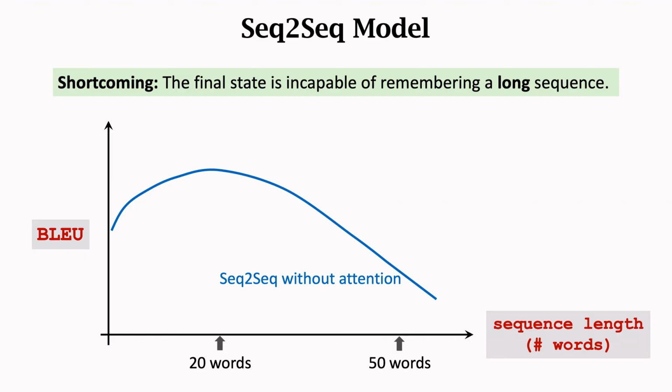Without attention, the sequence-to-sequence model deteriorates as the input sentence gets longer than 20 words. If an input sentence is too long, the RNN model often forgets part of the inputs, making the translation incorrect. Using attention, the result is the red curve. The BLEU score remains the same even if the sentence is very long.